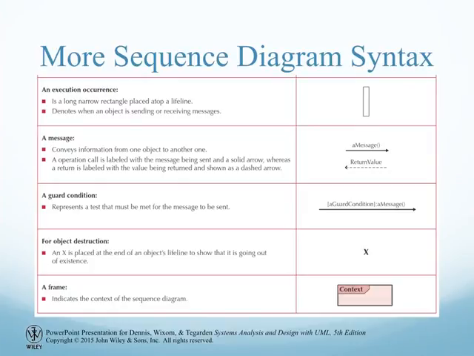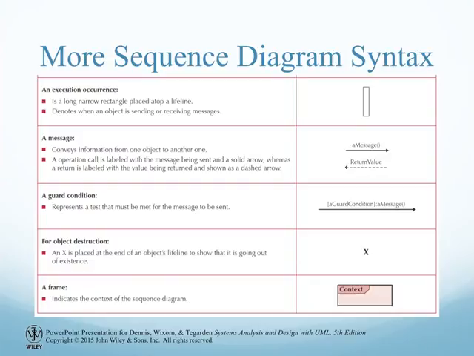A couple of the other things that we'll have in here are execution occurrence. This is how long this particular instance, this particular class, is actively sending and receiving messages. Once this is done sending and receiving messages, that execution occurrence will have finished. That doesn't mean the object is destroyed or goes away.